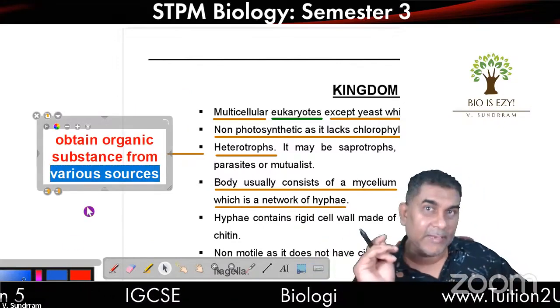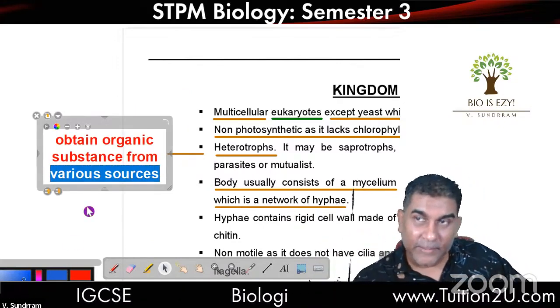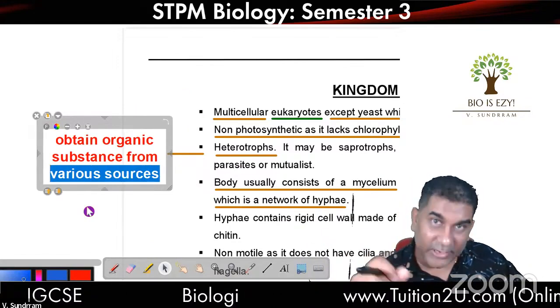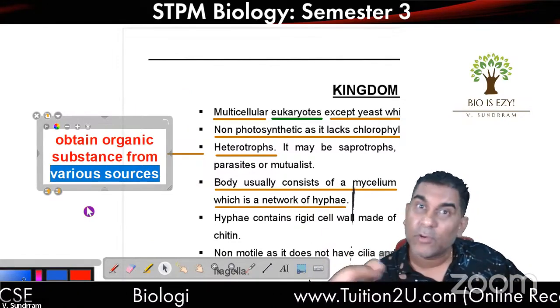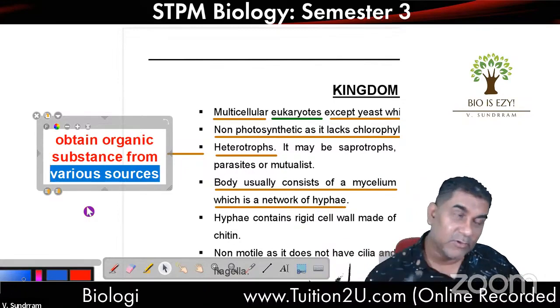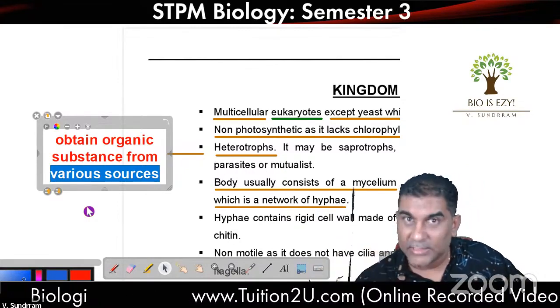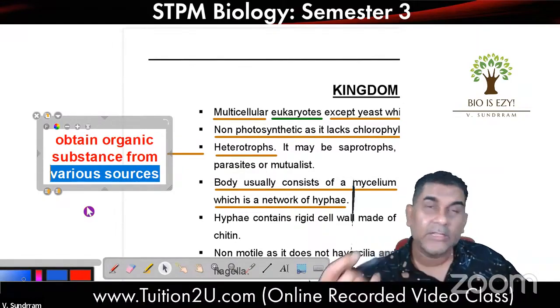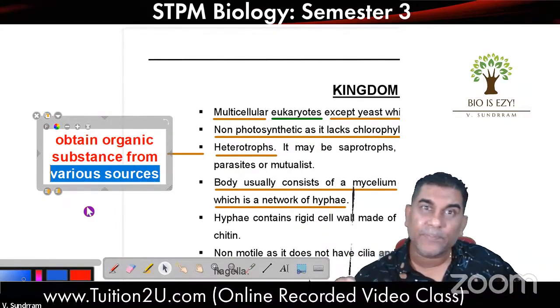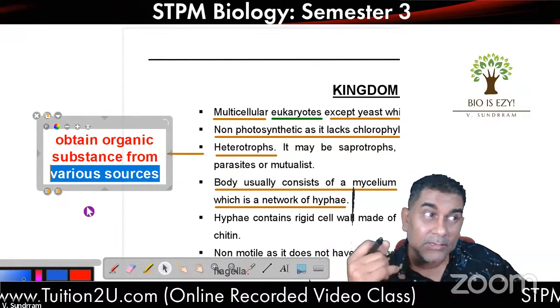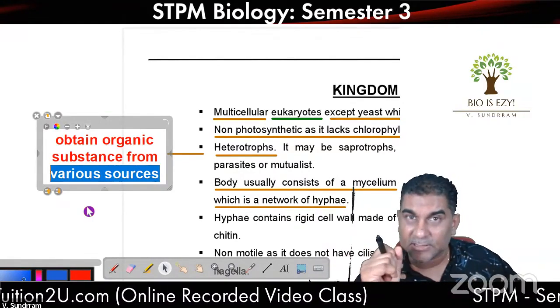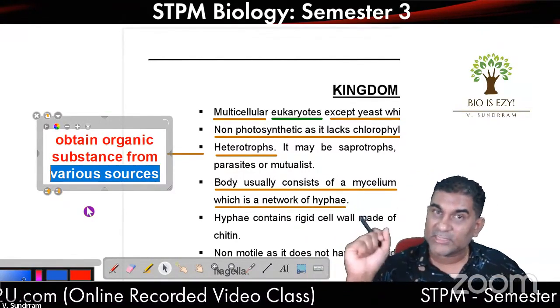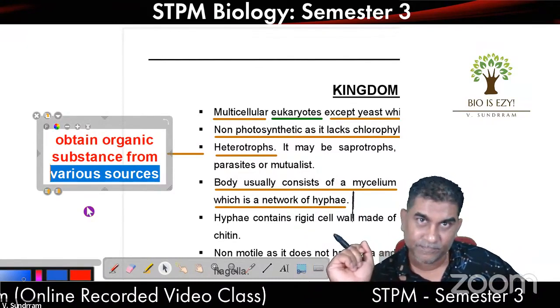Some of them break down dead organic matter. Decomposition. You will learn in chapter 15 later. Decomposition, saprotroph. Some of them are parasites. They absorb organic substance from the host.